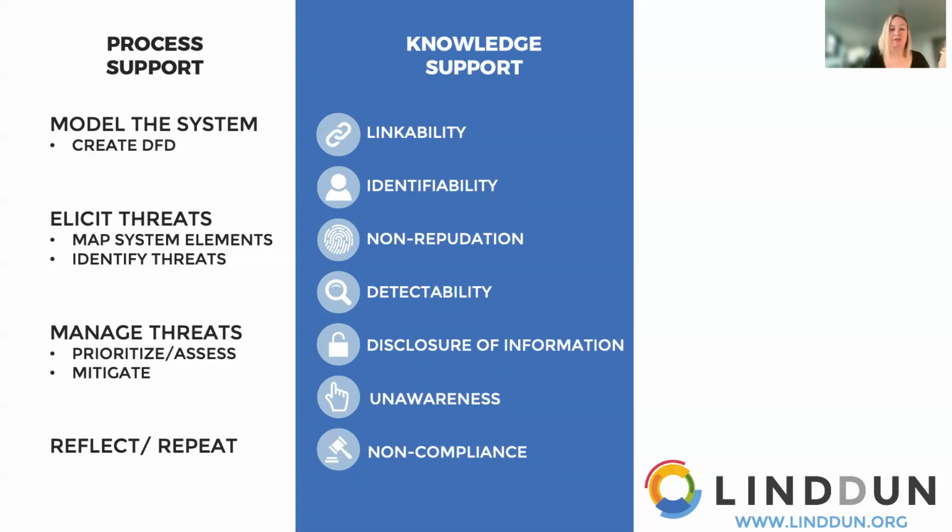What it does is, for the elicitation step, provide an overview of potential privacy threats for each of those categories. And also in the mitigation step, LINDDUN provides knowledge support to help identify suitable privacy strategies and solutions. If you like more information about this, you can find everything on the LINDDUN website.